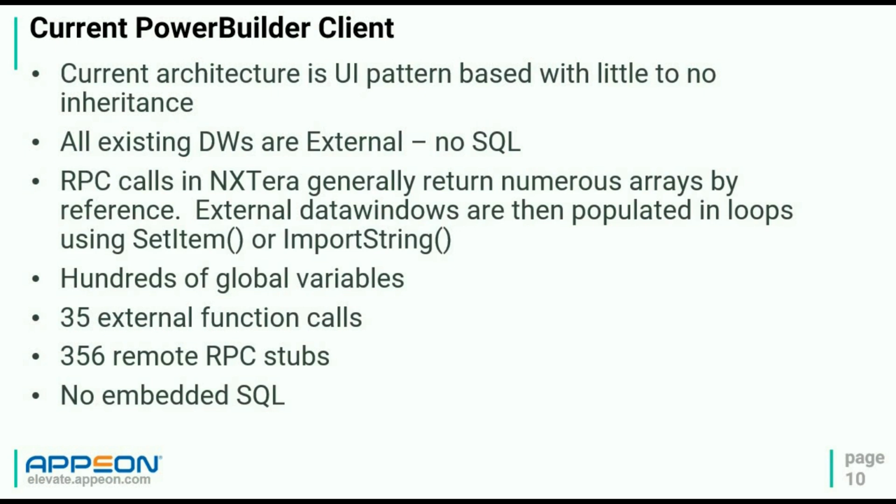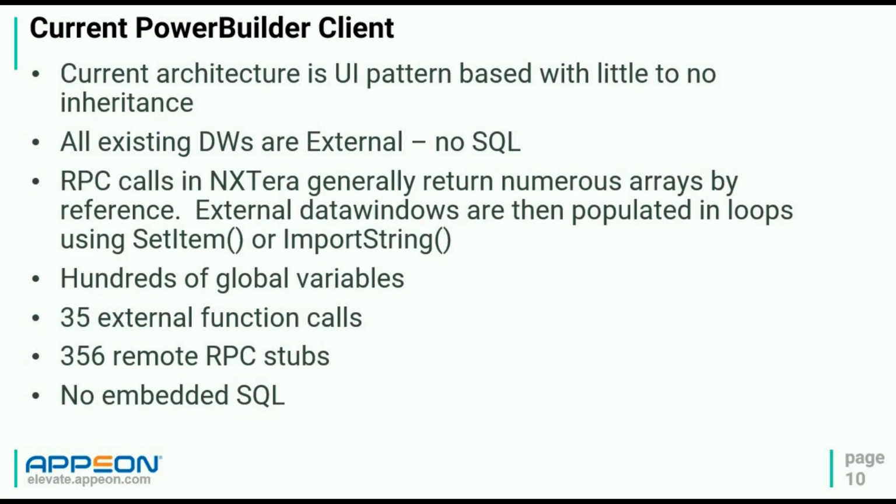The DLL that interacts with Nextera has roughly 35 external functions, and we think between 350 to 400 remote RPC stubs are present. We did a sizing effort to get an idea of how long the effort is going to take, and part of that estimation effort was to document what these calls were.